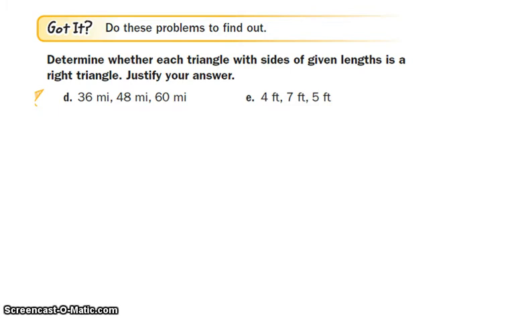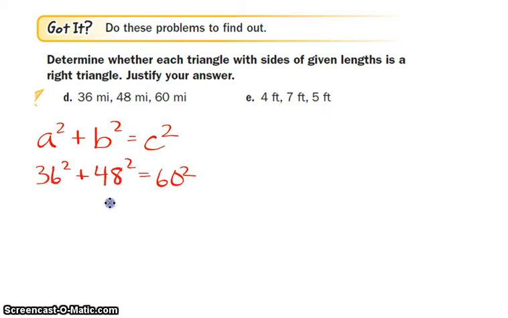Okay, so let's take a look here. We have 36 miles, 48 miles, and 60 miles. They want to know, does this form a right triangle? Well, let's start with the Pythagorean Theorem. Okay, we have to decide what's A, what's B, and what's C. Well, for A and B it doesn't matter, but C it does. C has to be your biggest side, your largest side, which is going to be 60.